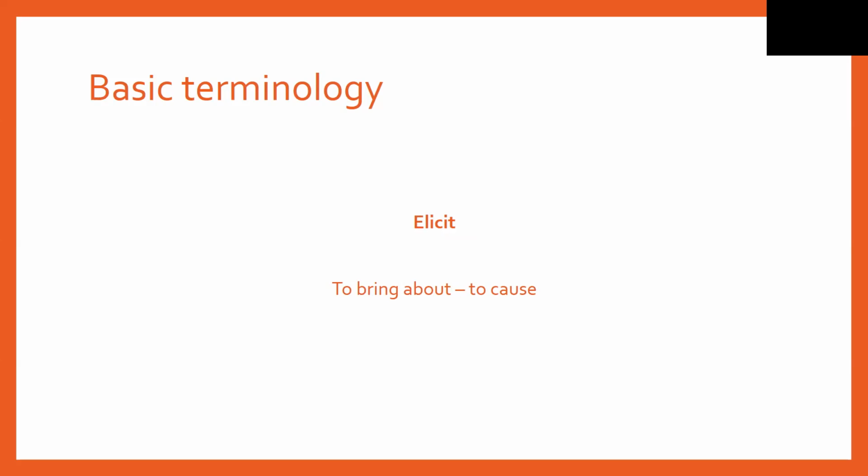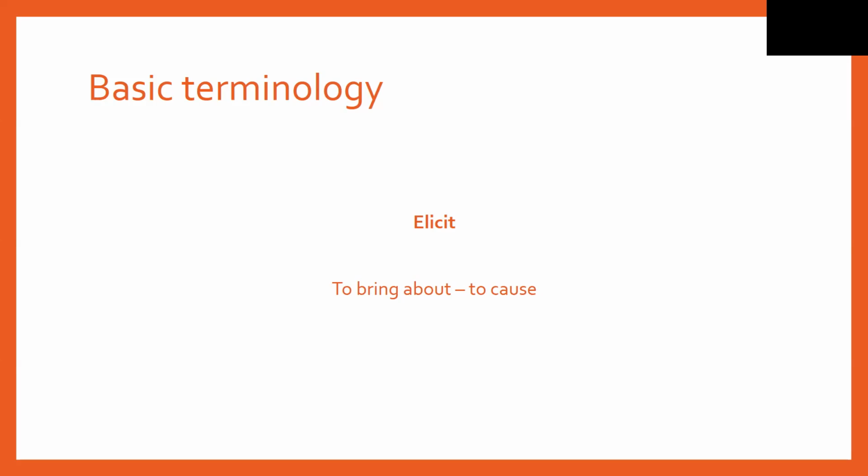And so that's pretty common in psychology, but essentially it just means to bring about or to cause something. And so throughout here, I'm going to be eliciting responses from you simply by asking you questions. And so I'm causing you to provide responses, or I'm bringing out responses in you. So those are the 3 terms.